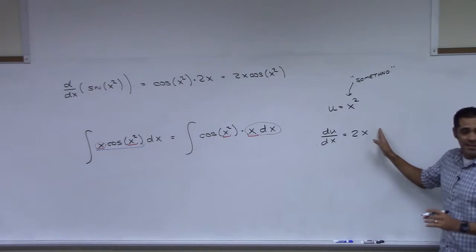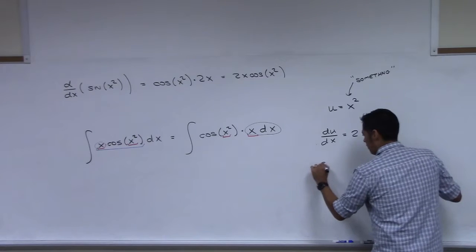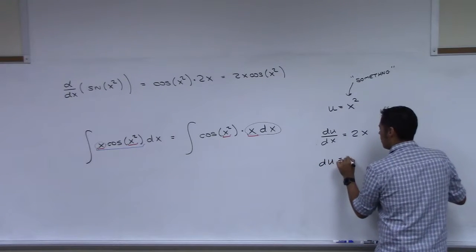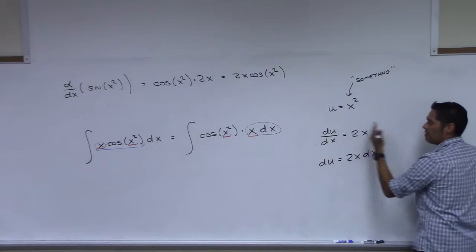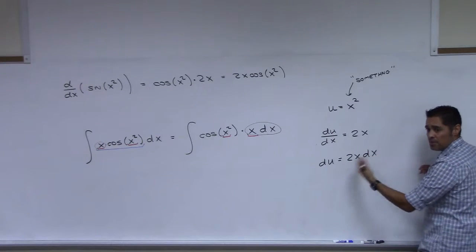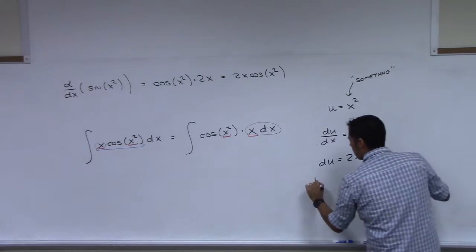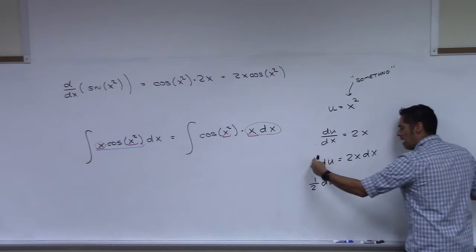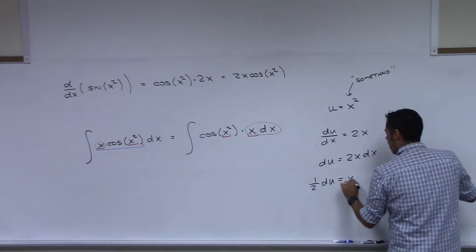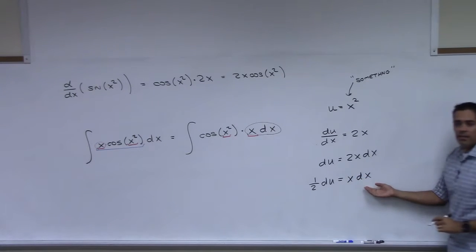Multiply both sides by dx, okay? If I multiply both sides by dx, I get this, don't I? dx cancels here and appears here. And then divide both sides by 2. Or if you'd like, I prefer to look at it as multiplying by a half. So multiply this by a half, multiply this by a half, and voila, look what I have over here, x dx, right?